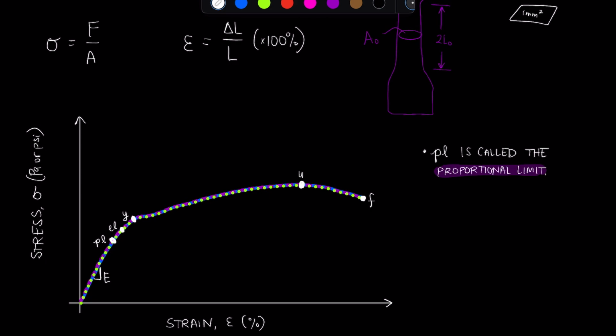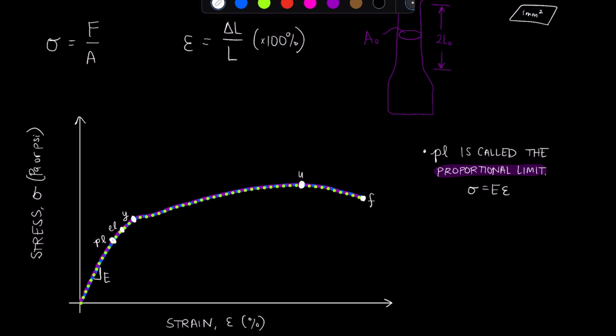So if I'm stretching a material, as long as I stay below the proportional limit, I know that my stress is going to be directly proportional to my strain. And that's why for small strains, we can use that the stress is equal to Young's modulus times the strain.